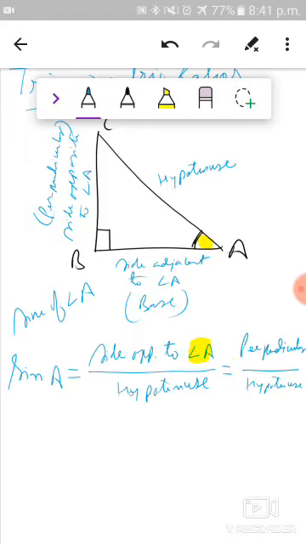So sine A is the ratio of perpendicular and hypotenuse of a right angle triangle.